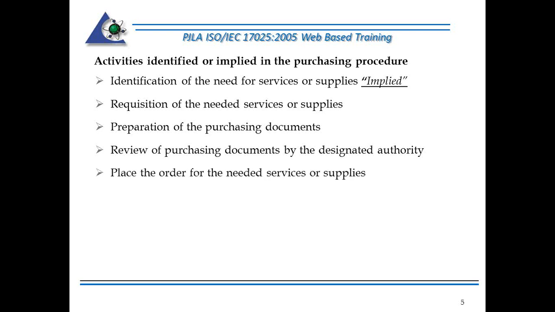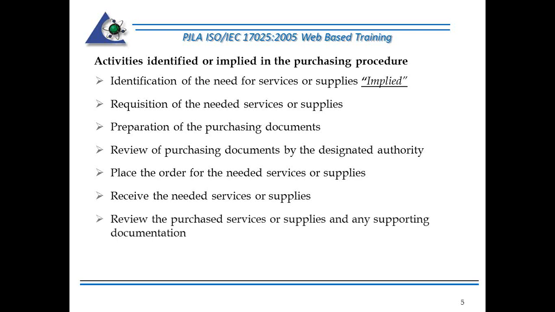The order is placed for the necessary services or supplies. The supplies or services are received. The documentation that comes with purchased material, or the documentation that comes representing the fulfillment of services, such as calibration, are reviewed when the supplies are delivered or the service is completed.